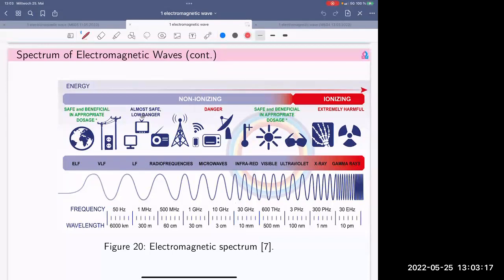What about the danger? It's almost safe, okay, low danger. If you stay close to the television tower, you would receive something which is not very harmful to you, okay?